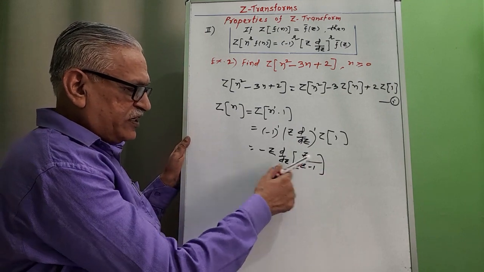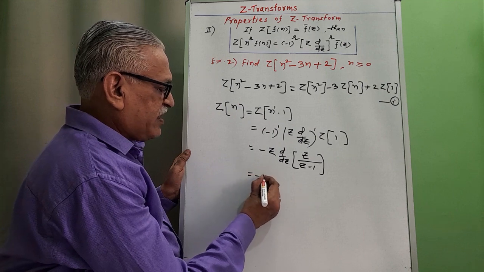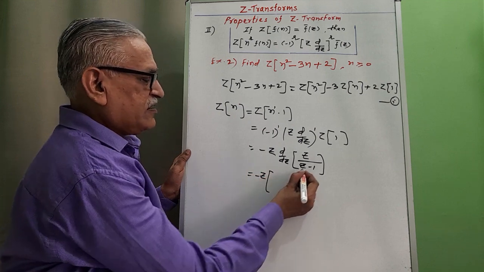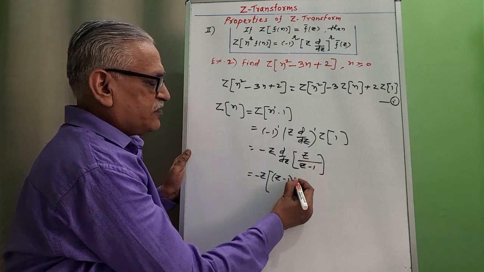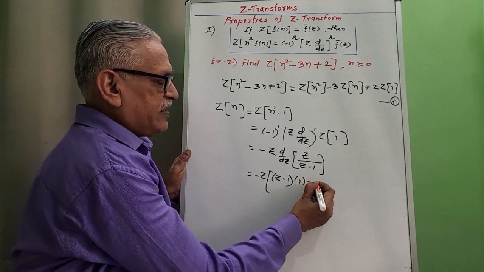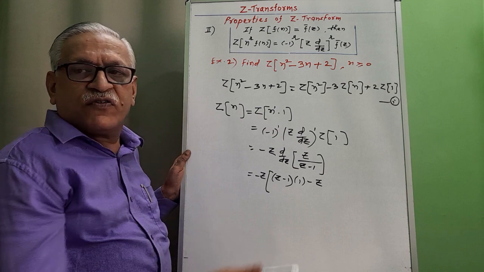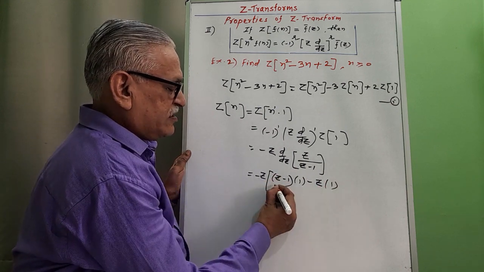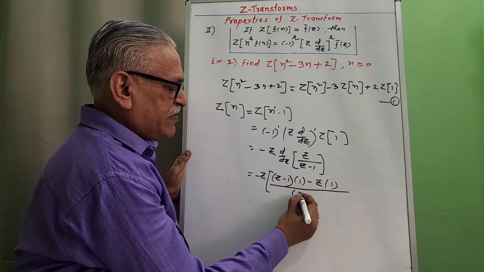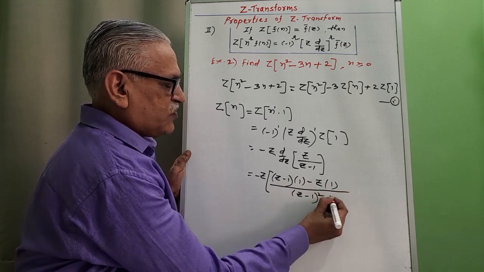Differentiating it with respect to z by the quotient rule, we get minus z, denominator term z minus 1, derivative of z is 1, minus z, differentiation of z minus 1 with respect to z is 1, and the whole divided by z minus 1 whole square.